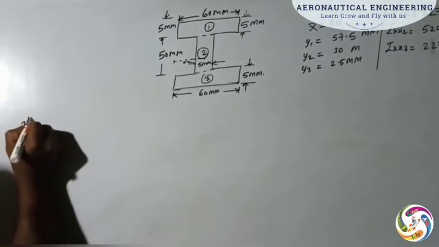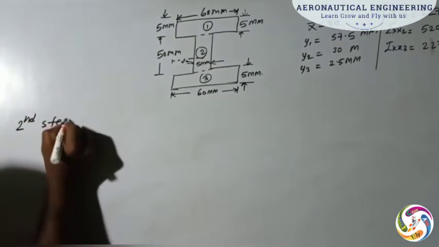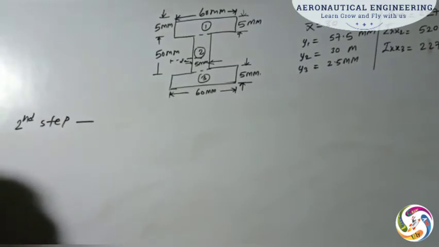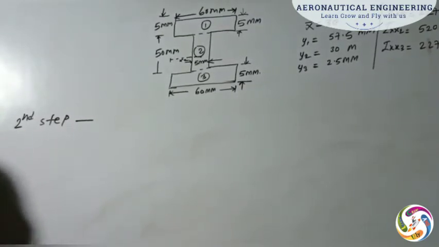Now we are going to the second step. In the second step we have to use the formula for the K method. By using the formula we have to find the value.